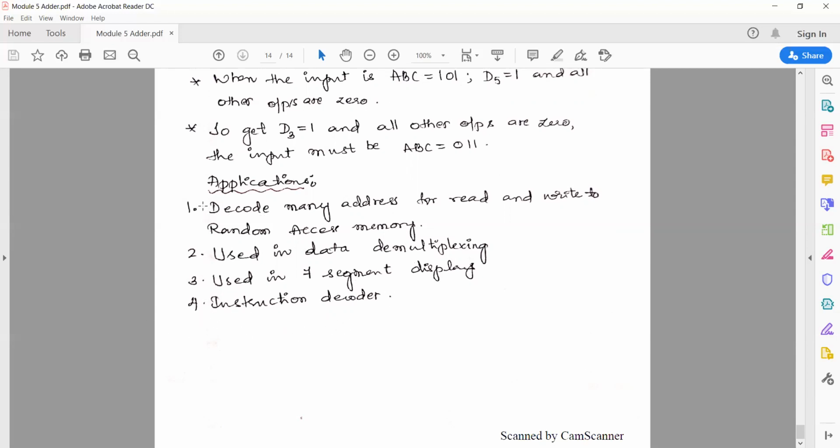For the time being, you can understand that a decoder can be used to decode the address, in the instruction decoder, in 7-segment displays, as well as in data demultiplexing.